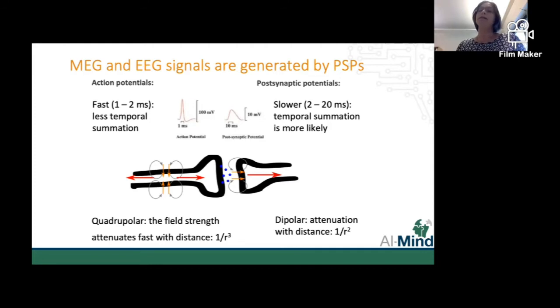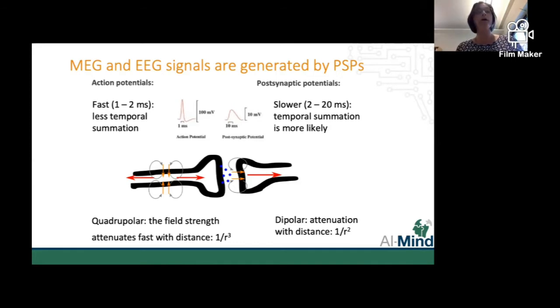So we're saying that it is the postsynaptic potentials that generate the MEG and EEG signals, but why not the action potentials? They are, after all, larger in amplitude. Well, it is here the timing of these currents is essential. In order to see the signal outside the head, we need a lot of signal summation, and the action potentials are fast.